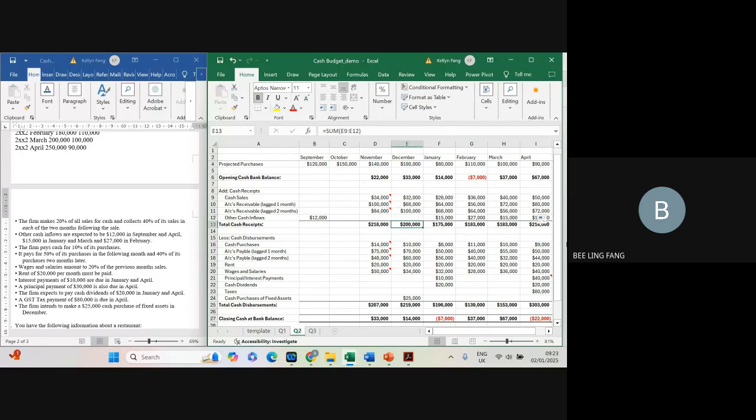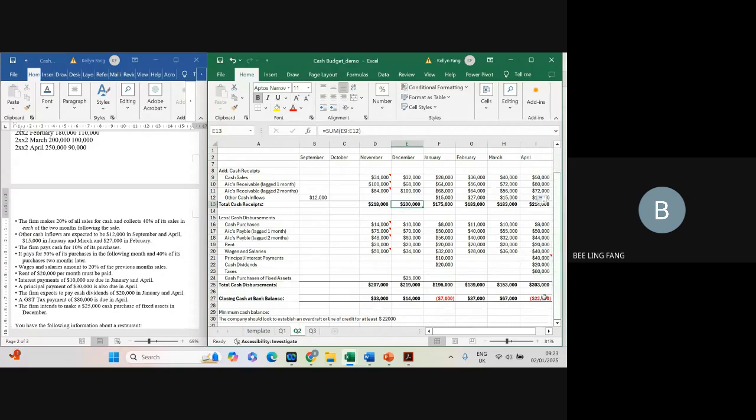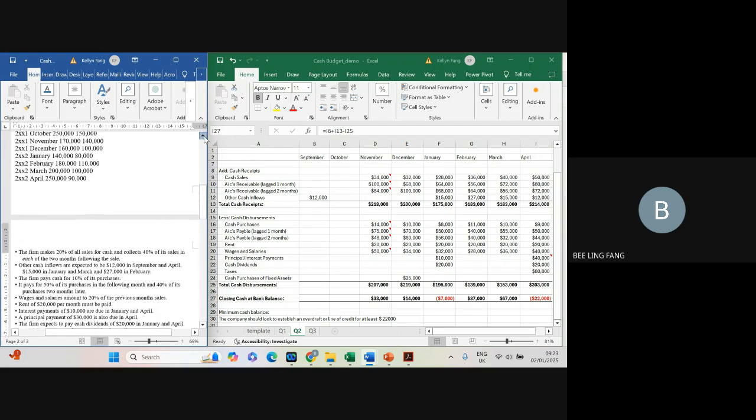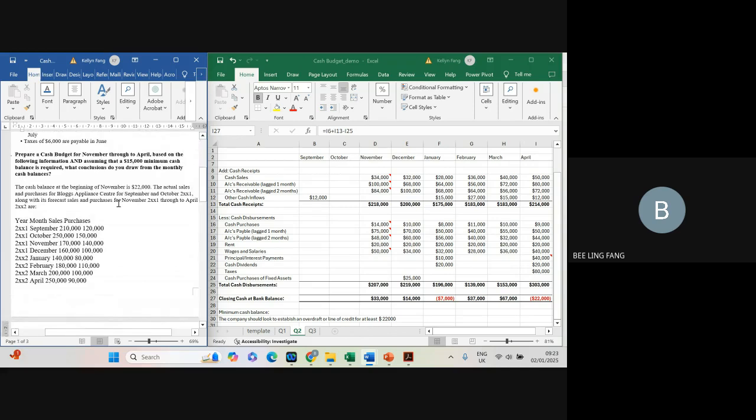Okay, important, you must look at the balance. Okay, end of April, 22,000. But the minimum cash required, it mentioned that you must have how much? 15,000. 15,000 minimum cash balance.